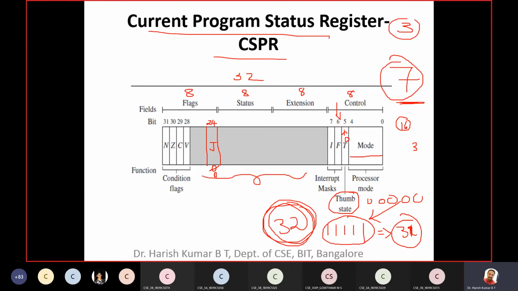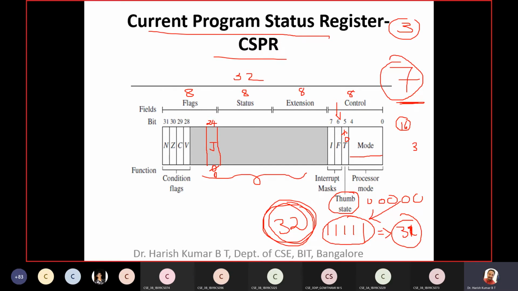SIC and VIC: standard interrupt controller and vector interrupt controller. Able to recall? Yes, sir. You might have forgotten.